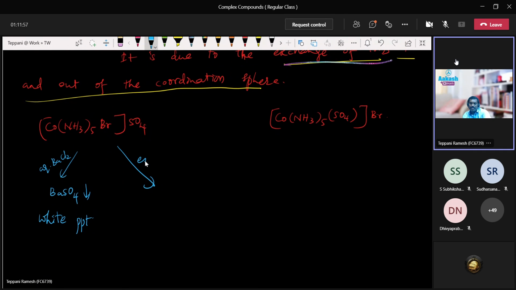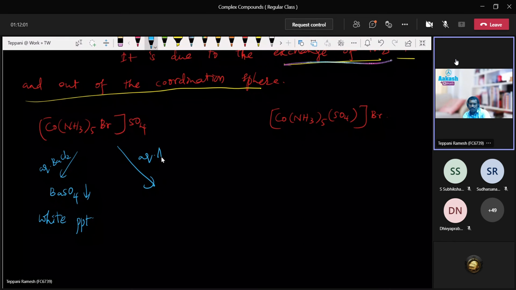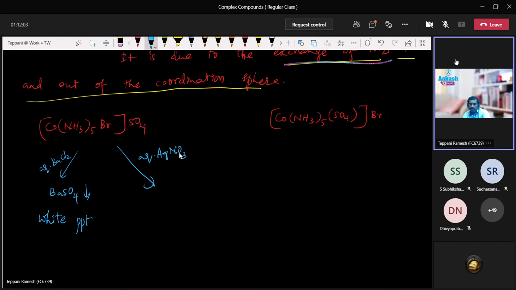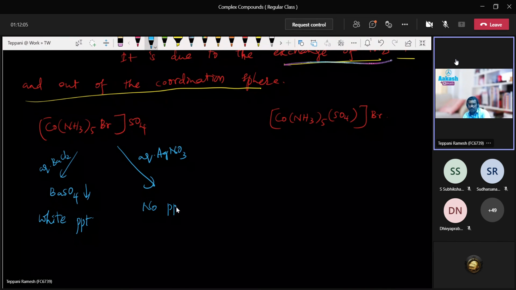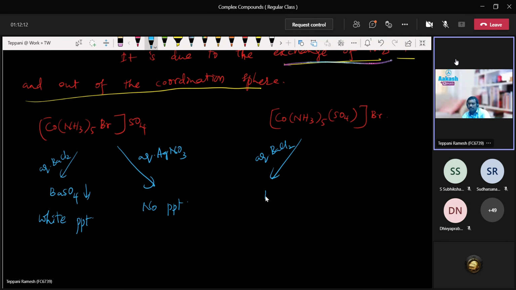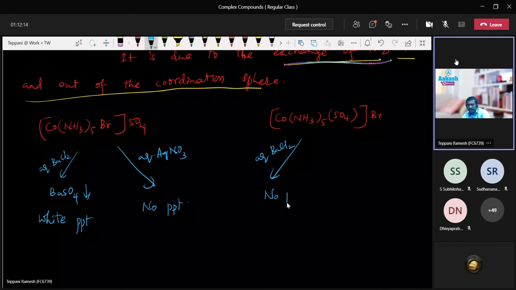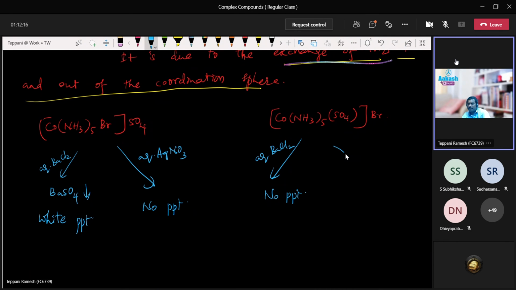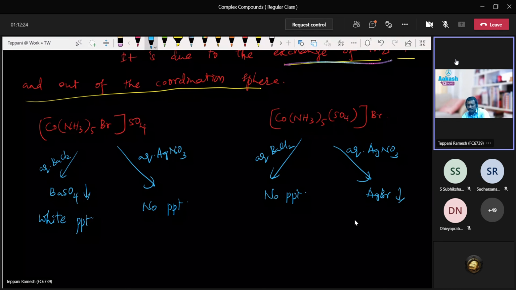With excess aqueous AgNO3, no precipitate formed. The other one, with aqueous barium chloride, no precipitate formed. With aqueous AgNO3, AgBr, pale yellow precipitate formed.